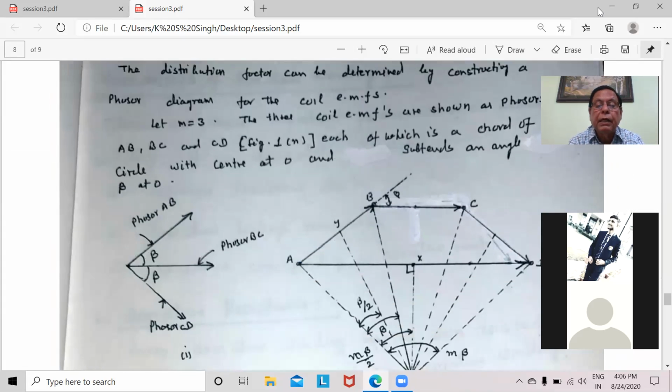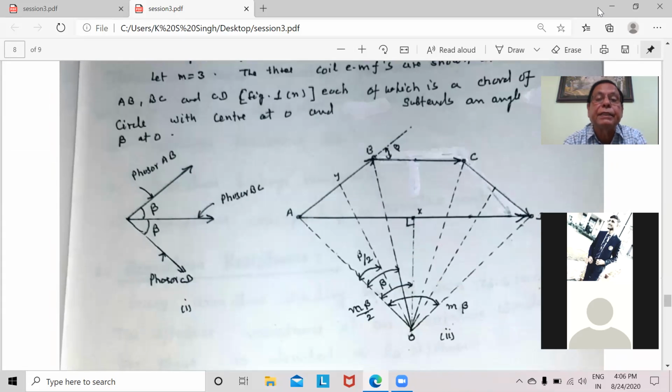Now suppose the total number of conductors is m. We take m as 3 slots per pole per phase. If the winding is concentrated winding, all the conductors per phase per pole lie in the same slot, so the voltage induced in all the conductors is added arithmetically. Here we are taking m equal to 3.